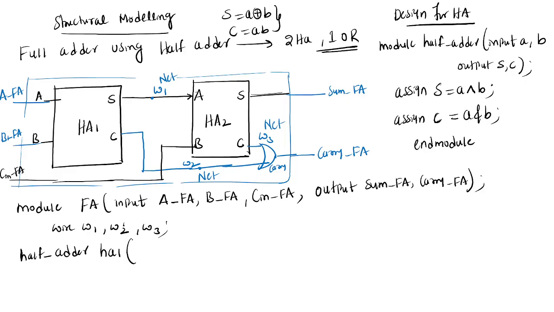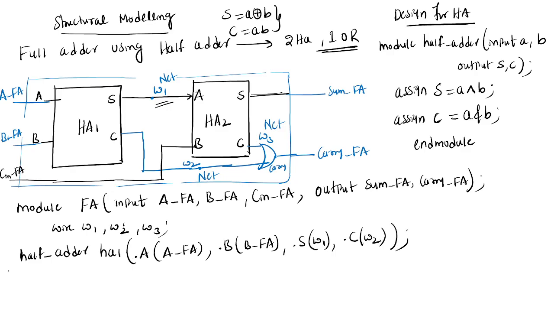I'm using connection by name: dot A is A underscore FA, comma dot B is B underscore FA, comma dot S is W1, comma dot C is W2.